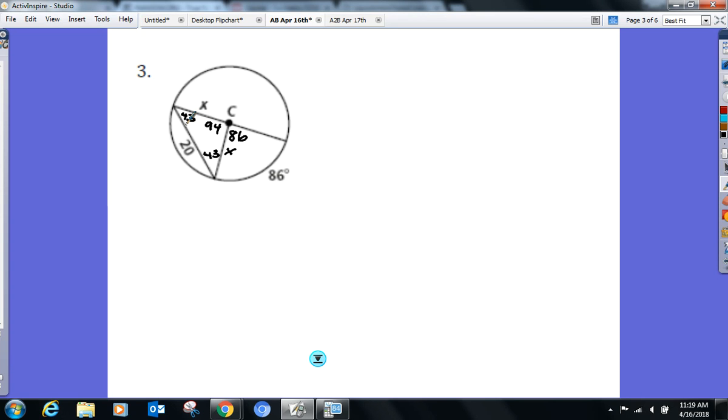What law could I use right now to find x? Okay, help me set it up then. Give me a side, 20. What do you want to put it over? Sine of 94. And then x over sine of 43. Yep.